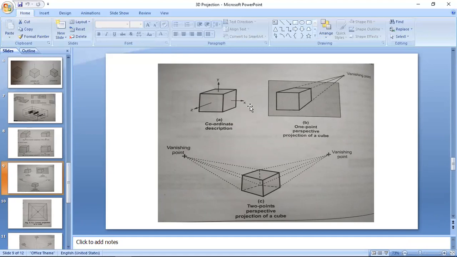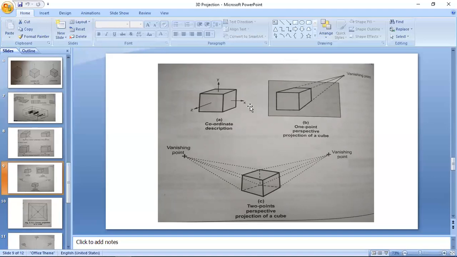So the vanishing point for any set of lines that are parallel to one of the three principal axes of an object is referred to as a principal vanishing point or axis vanishing point. Okay, the perspective projection is classified according to the number of principal vanishing points, means how many vanishing points are there in that particular projection.